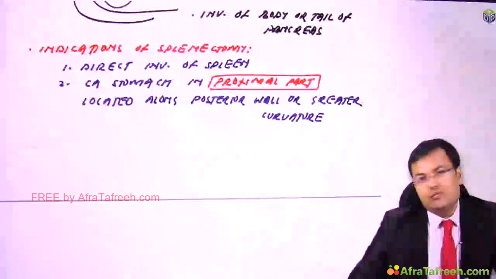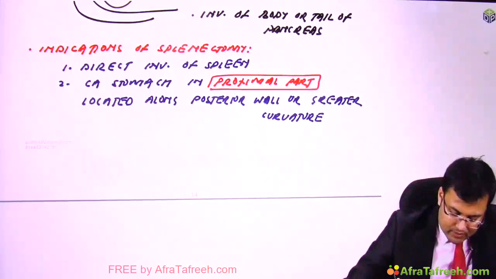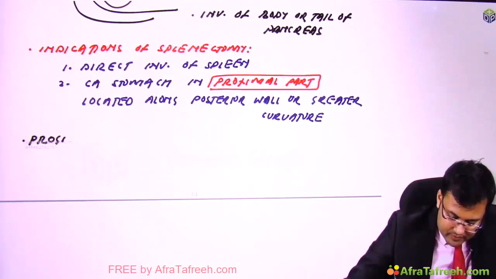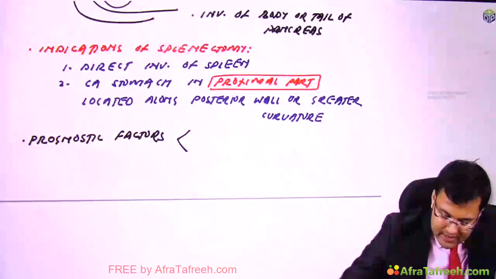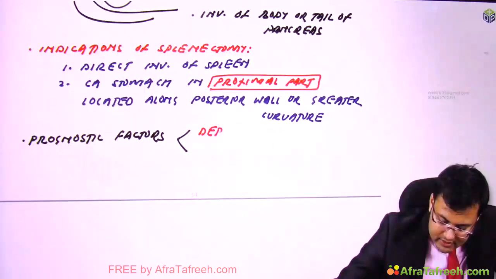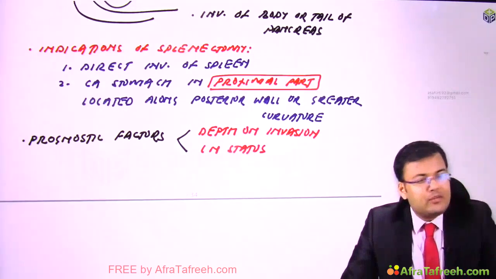After that, I told you most common site of metastasis is liver. Question is asked, what are the prognostic factors? Generally, in GI malignancies, there are two important prognostic factors. First is the depth of invasion, and second is lymph node status. Question is asked, what's the most important prognostic factor?